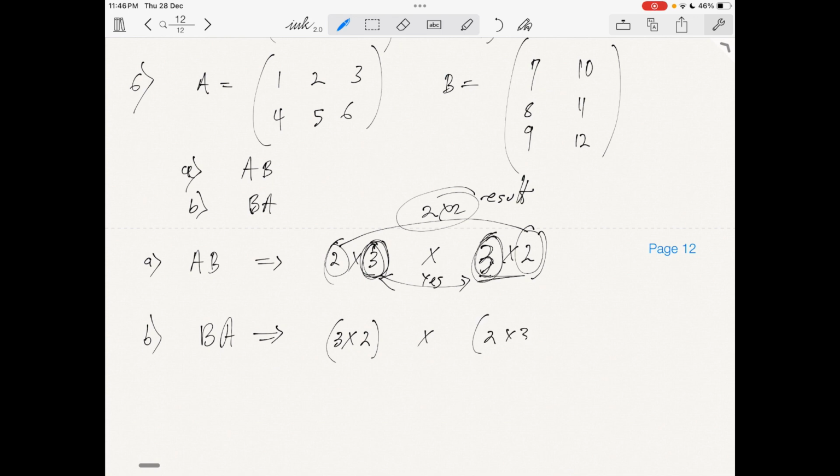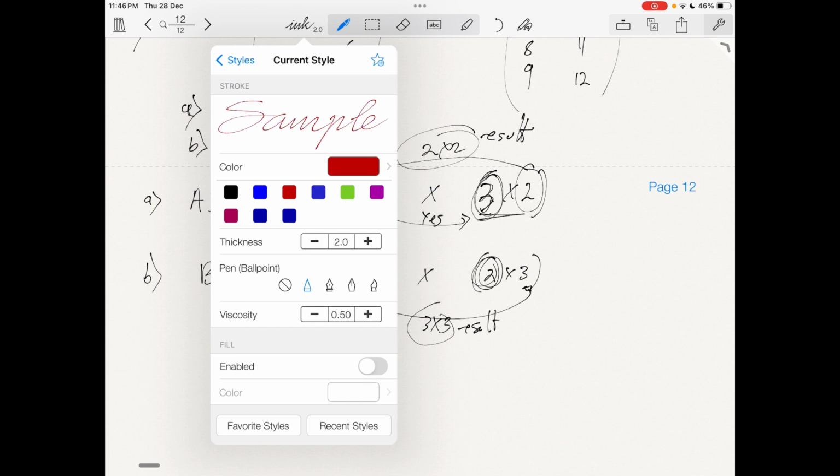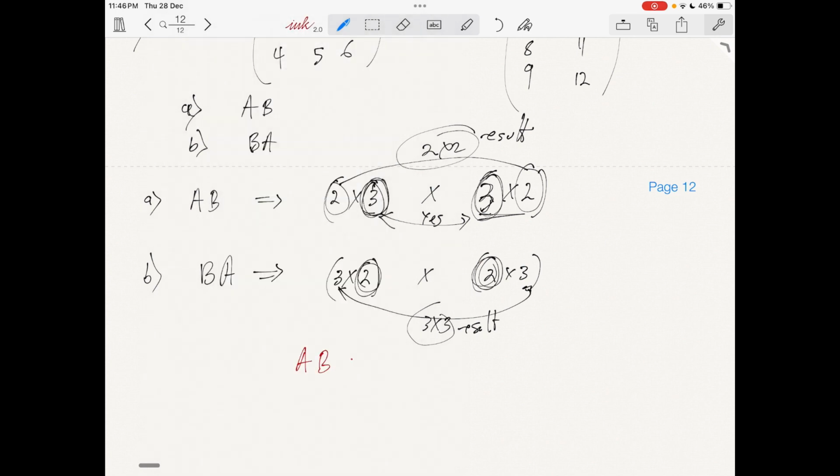Of course, the number of columns in B is the same as the number of rows in A. So in that case, our result will be a 3 by 3 matrix. Now we can see that AB is not equal to BA.